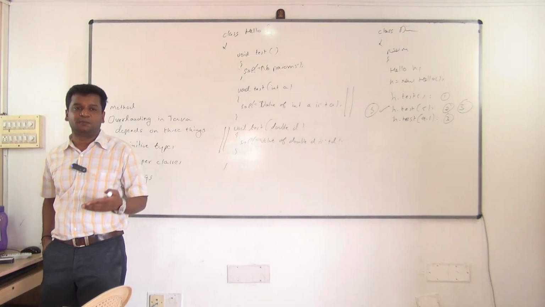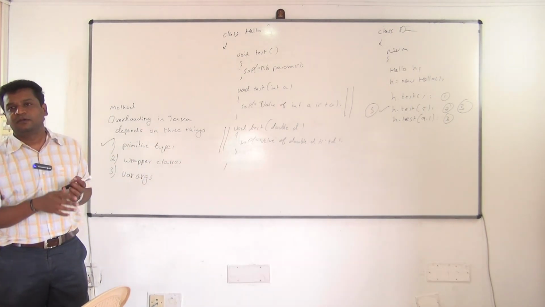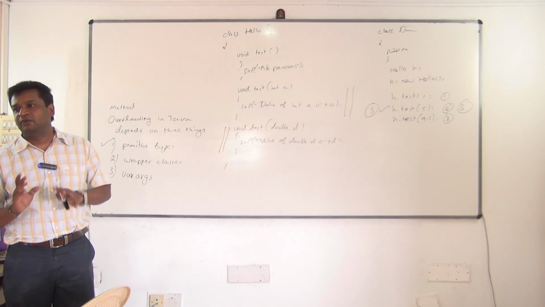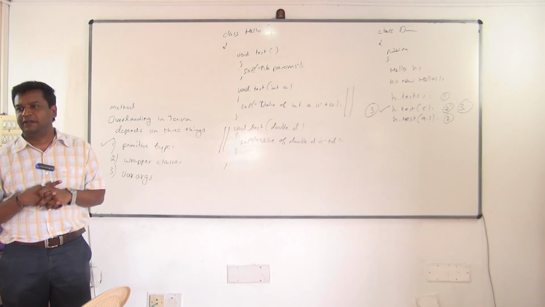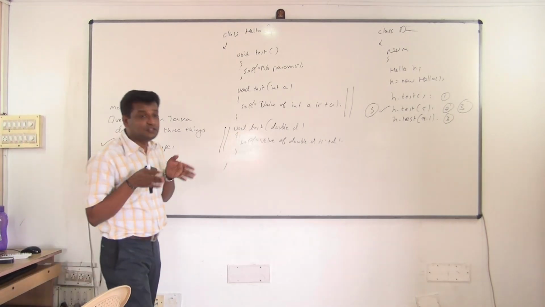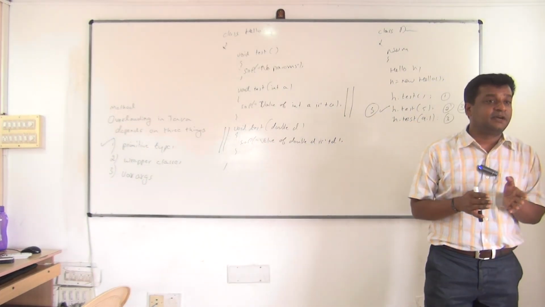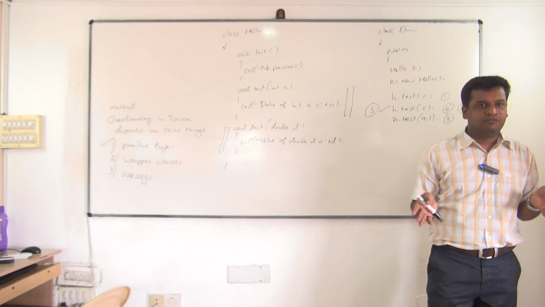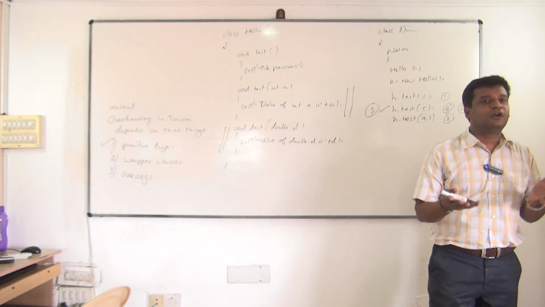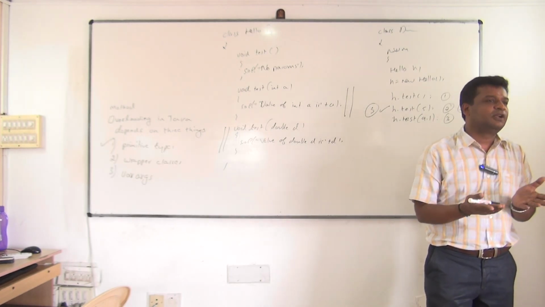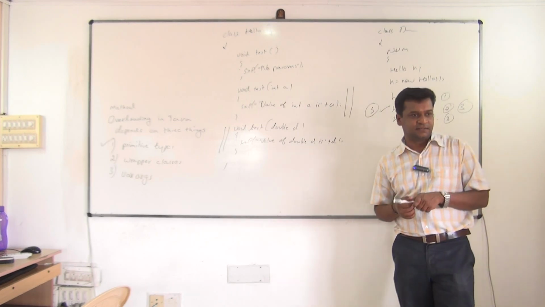So auto promotion rule is possible. A smaller value can go to a bigger one, but a bigger value will not be put into a smaller parameter. Means if your argument is small, that can be accepted by a bigger parameter, but if your argument is big, it cannot be accepted by a smaller parameter. As simple as this.